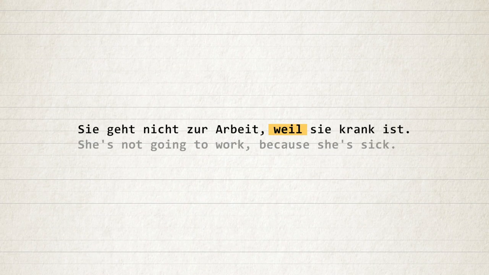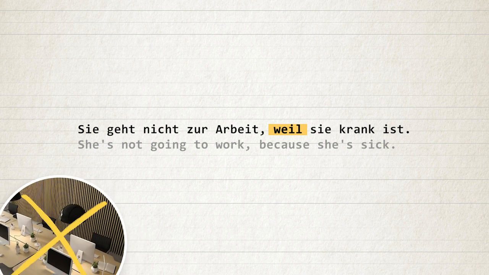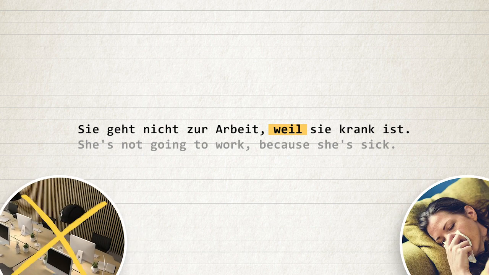Sie geht nicht zur Arbeit, weil sie krank ist. She's not going to work because she's sick. So the weil part of the sentence explains to us why she isn't going to work, because she's sick. And the conjunction weil pushes the verb all the way to the back.